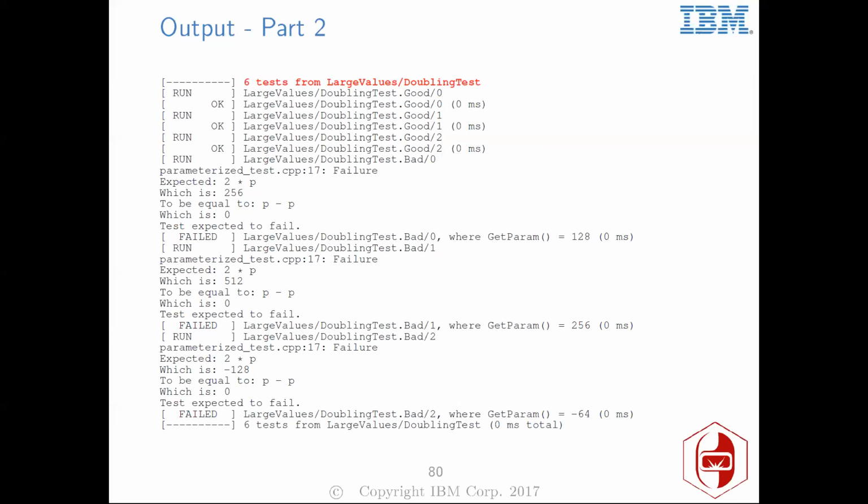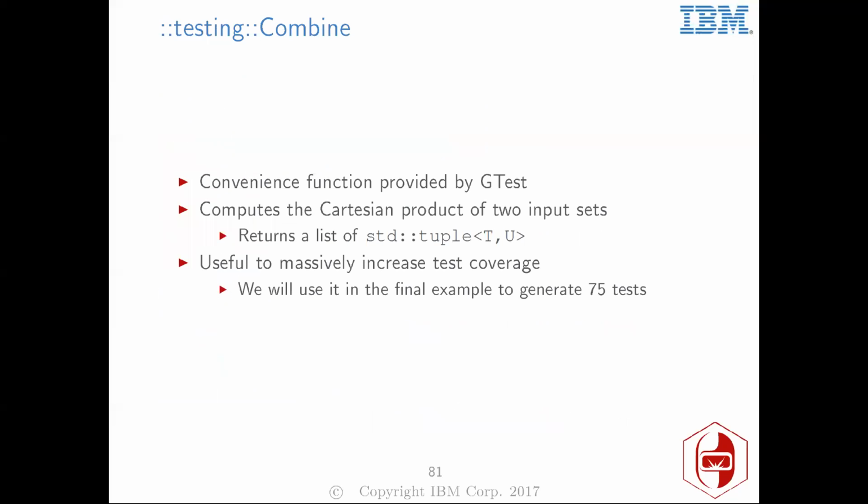There's not much interesting to see here, so I'm just going to move on to the next important feature, which is combine. This is a special function Google Test provides for us that I'm going to spend a bit of time going over because it can actually be extremely valuable when writing tests. What it will do is take 2 sets of input values and produce the Cartesian product of the inputs as a list of tuples.